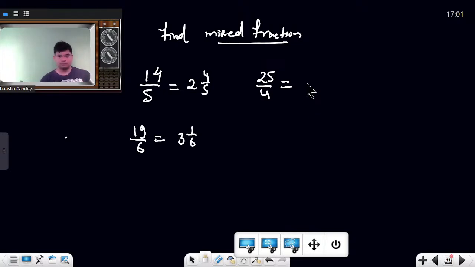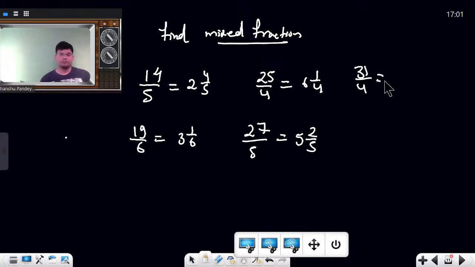Then it's 6 1/4. वेरी गुड. 27/5. It's 5 2/5. वेरी गुड. 31/4. Sir, it's 7 3/4. वेरी गुड.